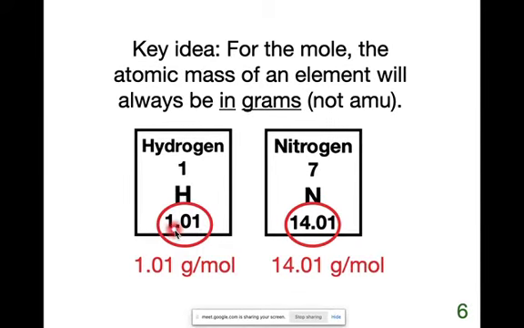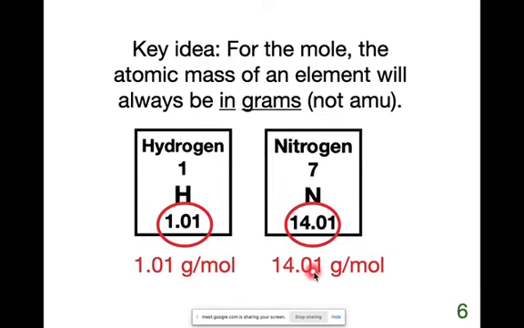So if I had 1.01 grams of hydrogen, it means I would have 6.02 times 10 to the 23rd hydrogen atoms. The same thing for nitrogen. But for nitrogen, it would be 14.01 grams because nitrogen is a bigger atom. So if you have a mole of them, it'll have a greater mass.